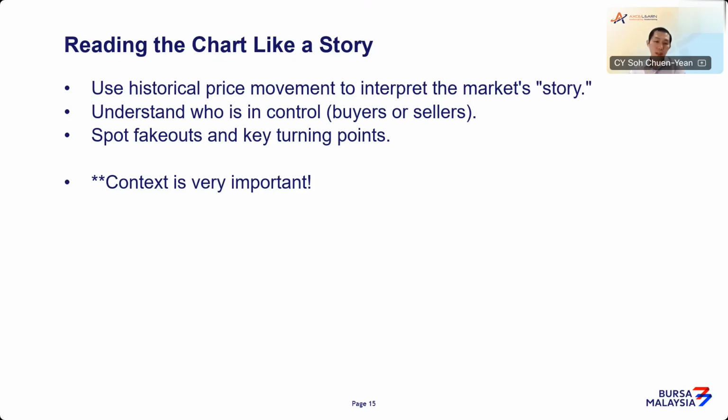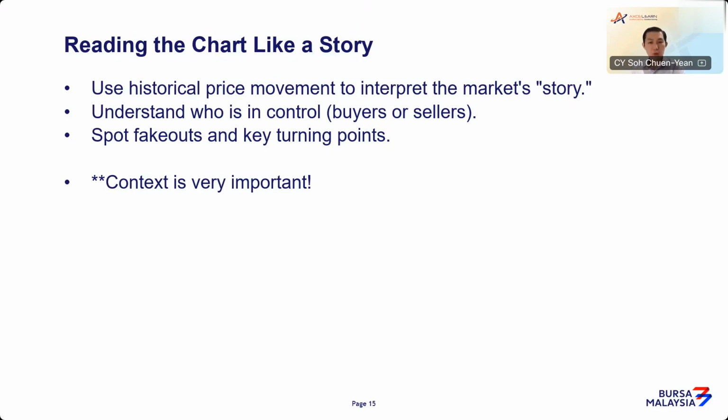So when you look at past history, you're trying to analyze historical price movements to understand the narrative of the market, where the market has been, how it has reacted, and what patterns are forming. Besides that, you also want to know who is in control, whether the buyers, the bulls, or the sellers, the bears.